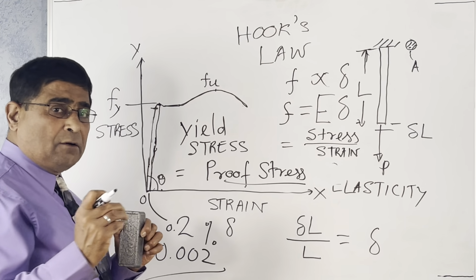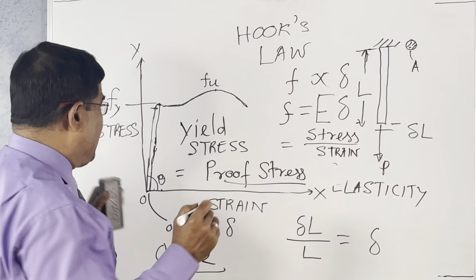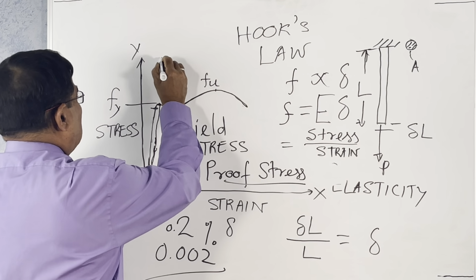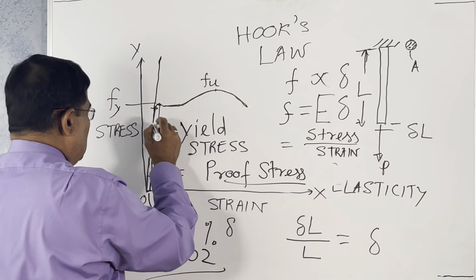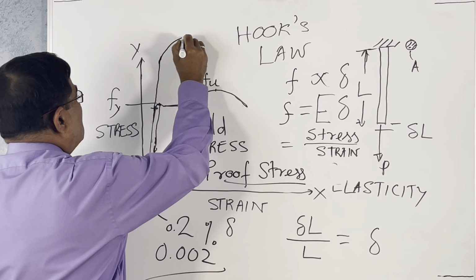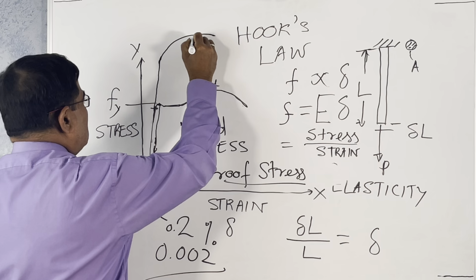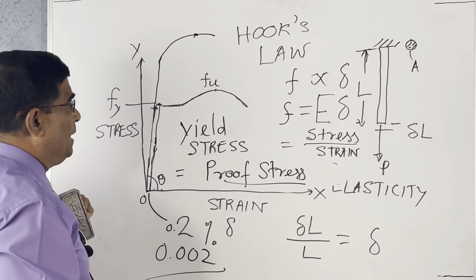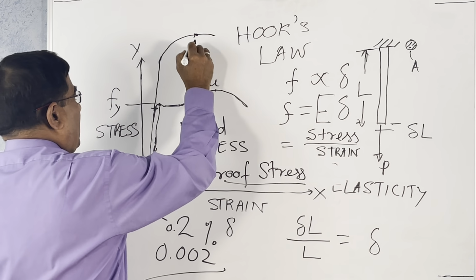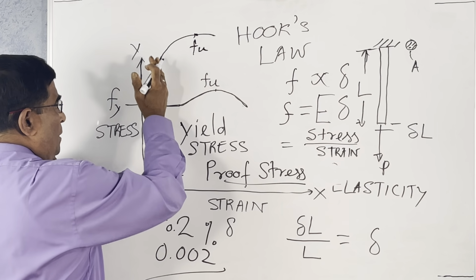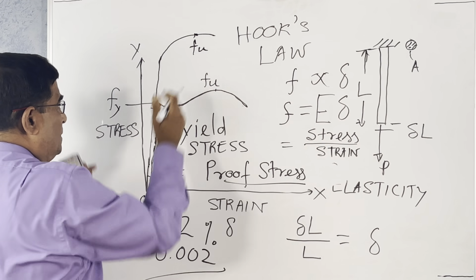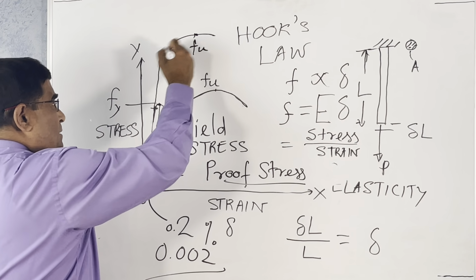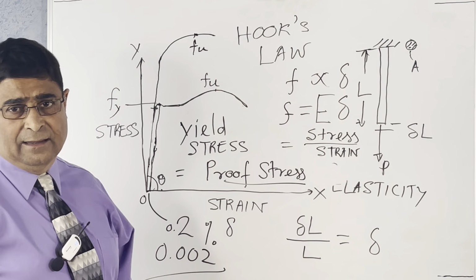In a high carbon steel, that is a high strength steel, it follows a similar curve to a certain extent, but it is something like this. It reaches Fu at a lower distance from this curve, which means the structure is less ductile.